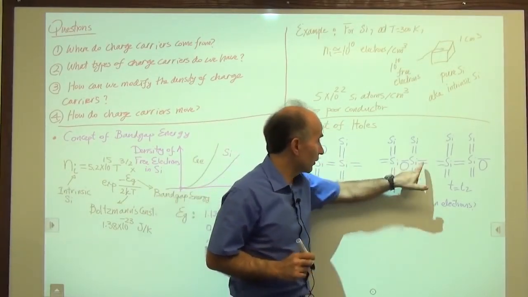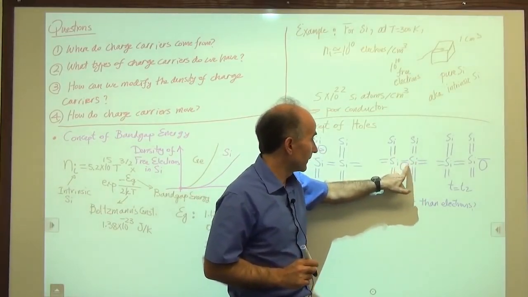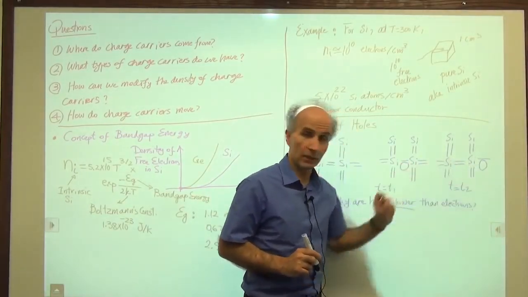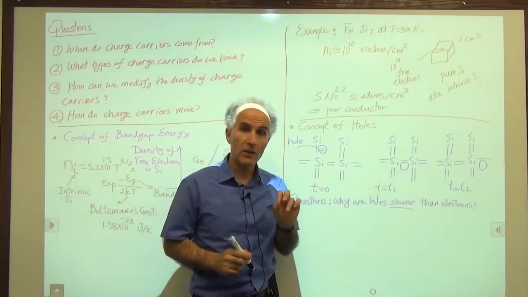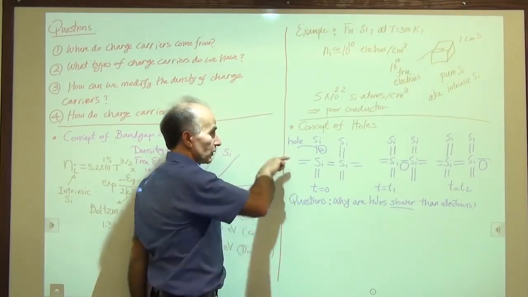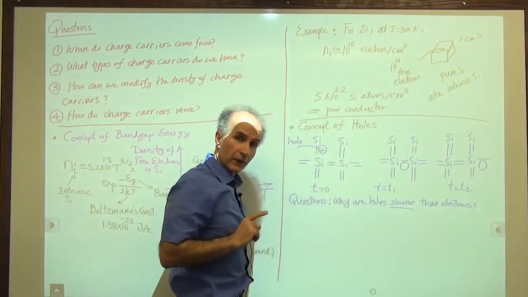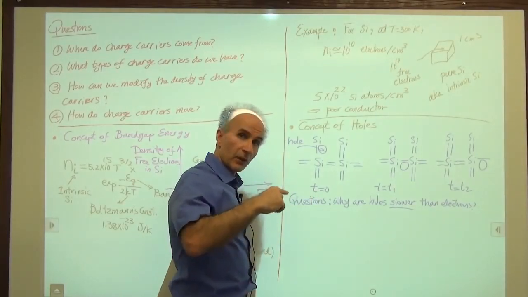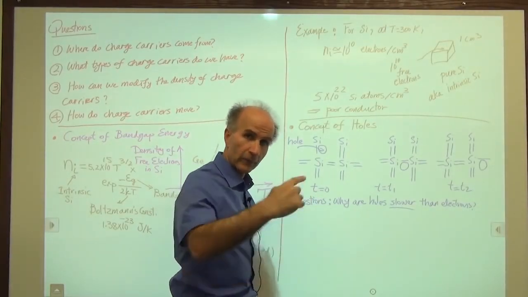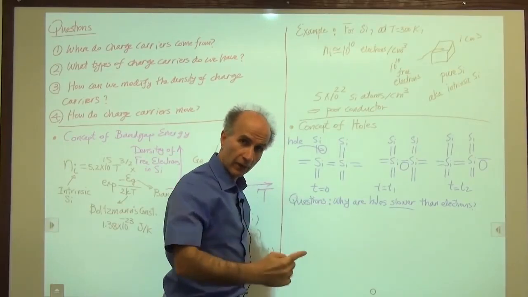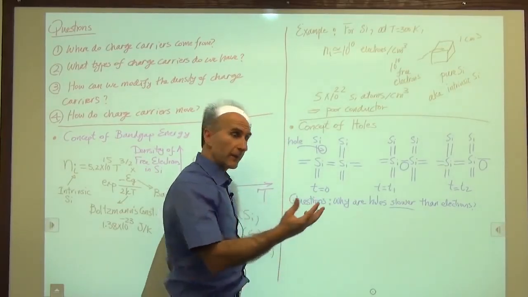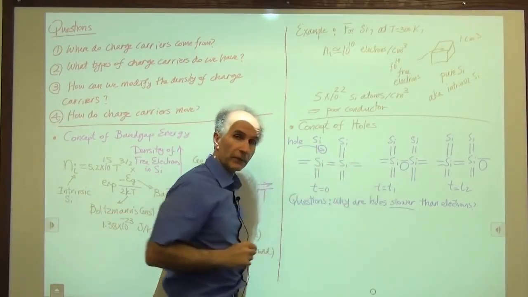Then another electron was released from here and trapped here. So it's not like an electron that just shoots through the lattice and conducts current. It's this operation of release and trap of electrons that equivalently allows a hole to move around.